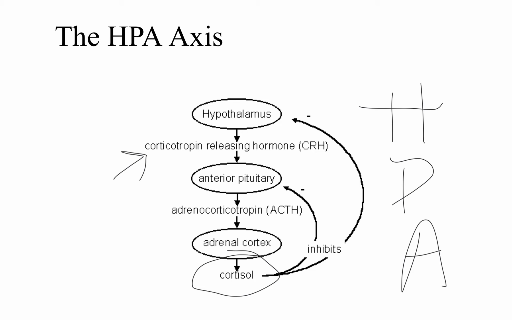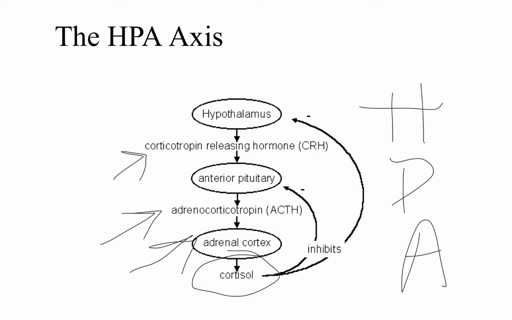Corticotropin releasing hormone binds to its receptors on cells of the anterior pituitary, and in response to that, the anterior pituitary produces ACTH, adrenocorticotropin hormone. ACTH then travels through the bloodstream down to cells in the adrenal cortex, and those cells in response make cortisol.